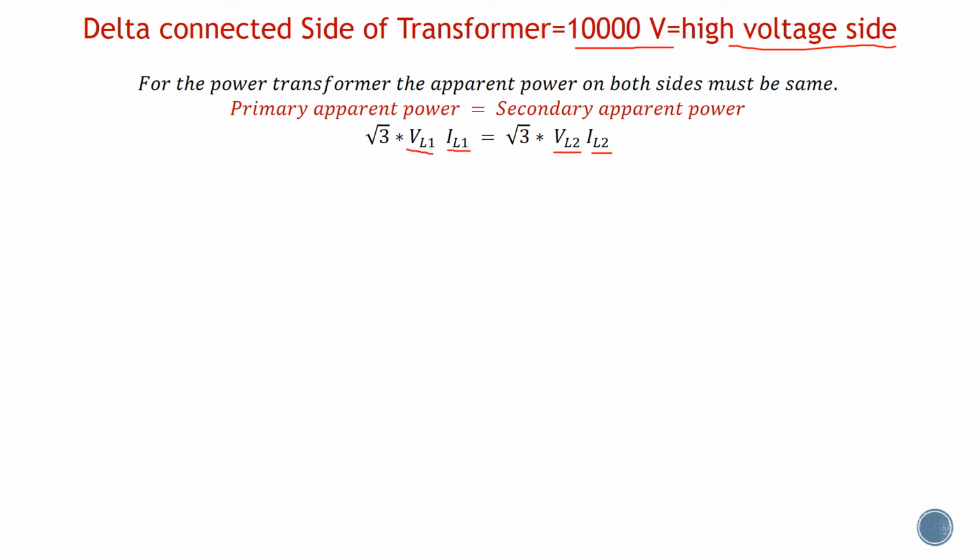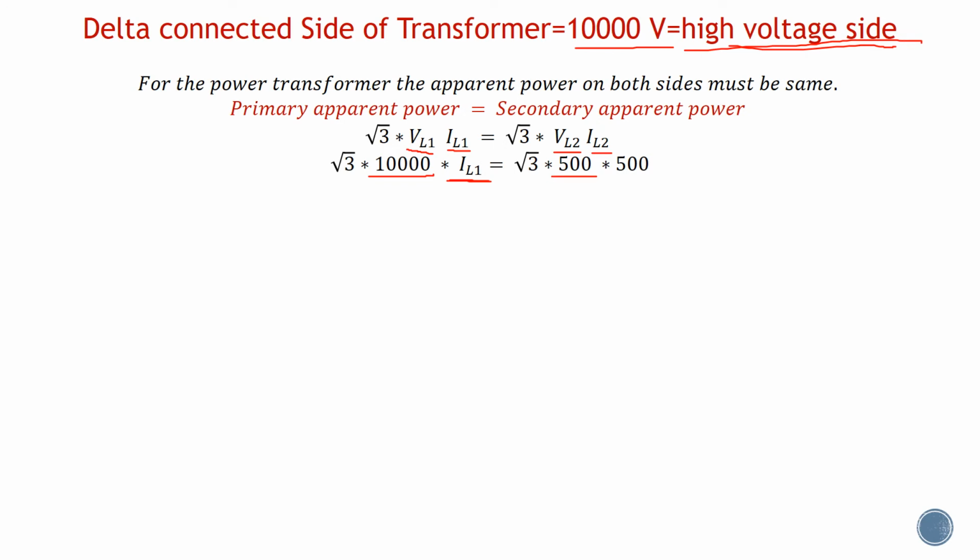Putting the values, since your high voltage side is your primary side, we substitute the value 10,000 here, and we have to find the line current flowing into the delta connected side of the transformer. VL2 value is 500.